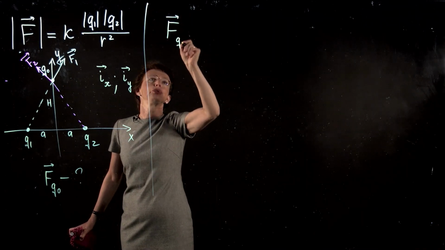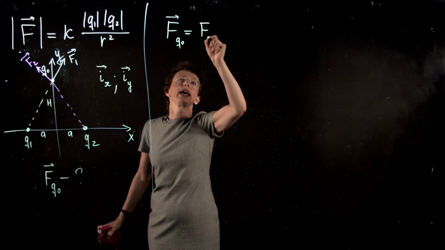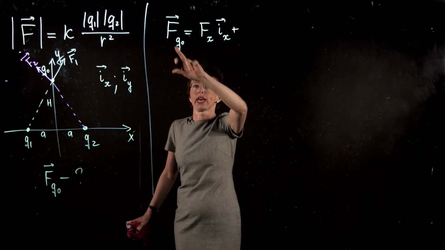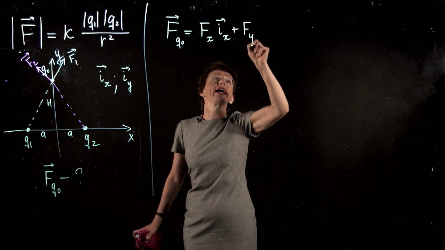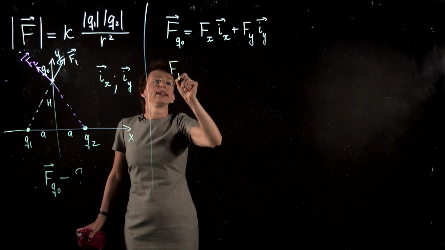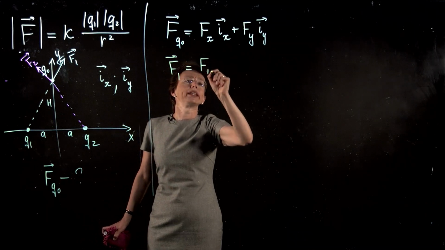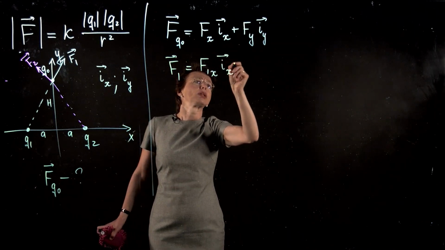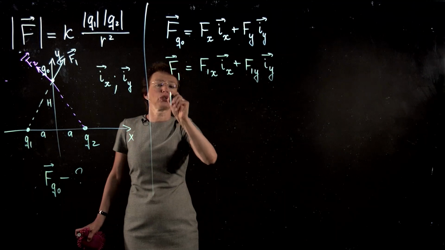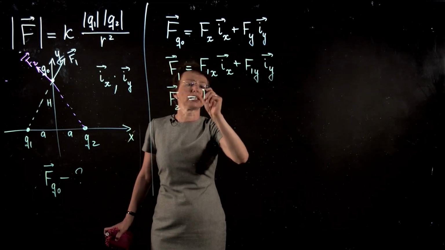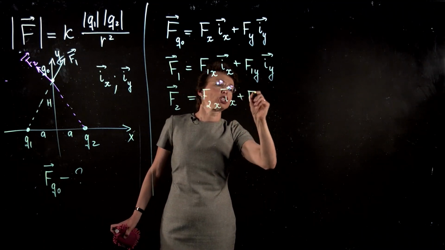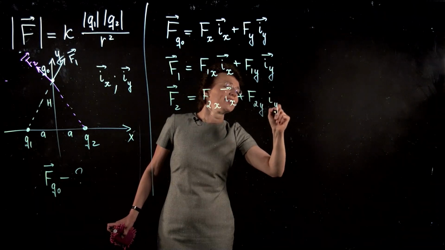So F Q0 could be written as Fx Ix, where Fx is x component of F Q0, plus Fy Iy, and F1 can be written as F1x Ix plus F1y Iy. And the same for F2, as any vector could be written in terms of components, F2x Ix plus F2y Iy.